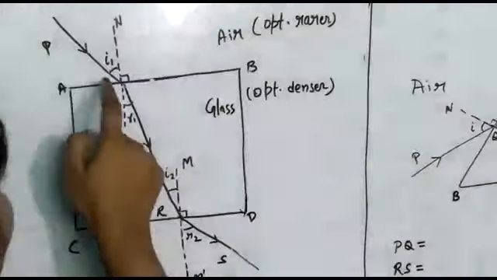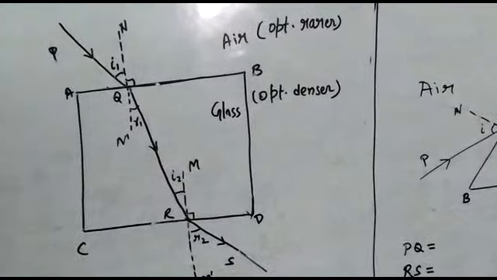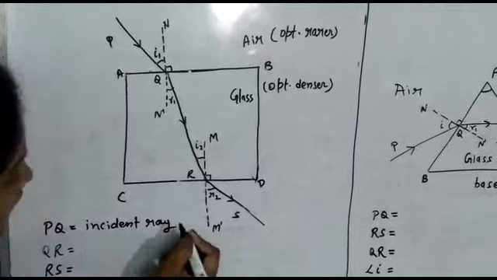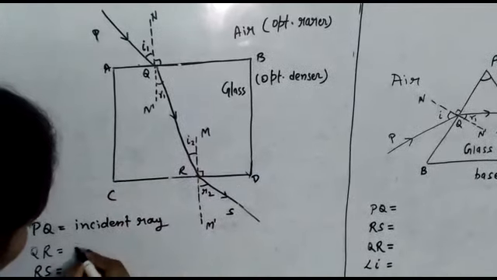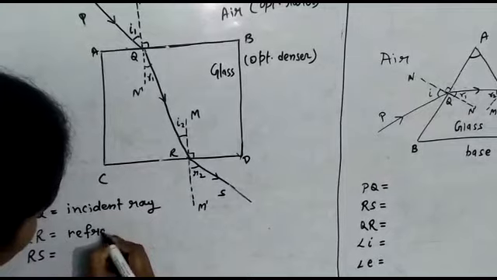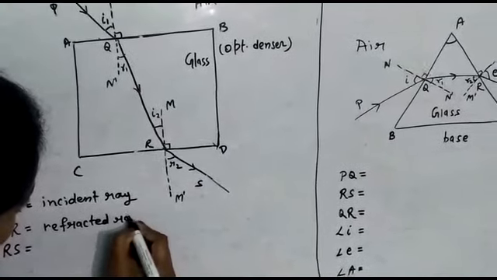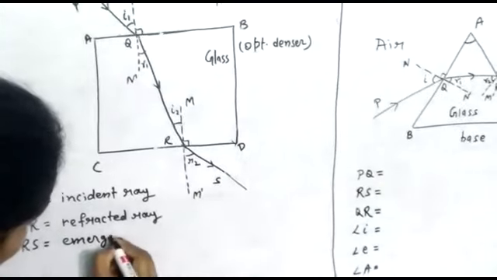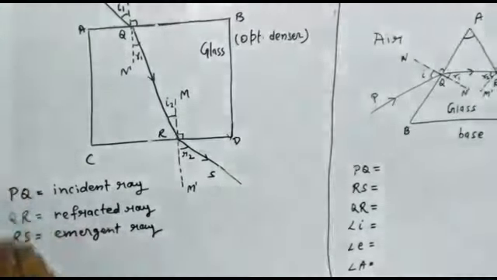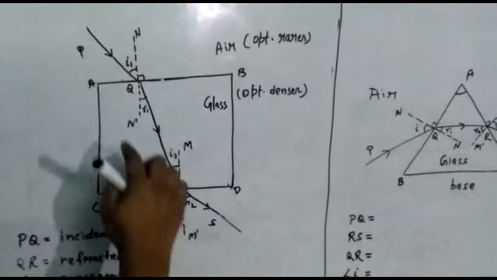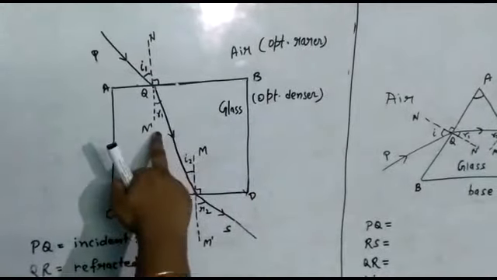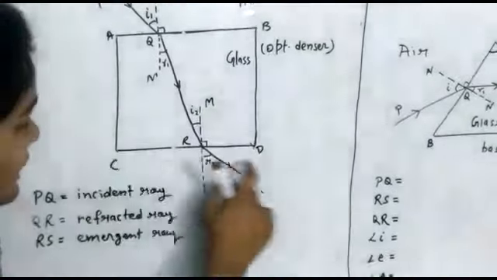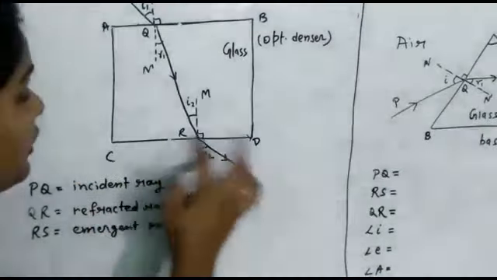So PQ is the incident ray, QR is the refracted ray, and RS is the emergent ray. I1 is the angle of incidence for AB, and R1 is the angle of refraction for AB. I2 is the angle of incidence for CD, and R2 is the angle of refraction for CD.